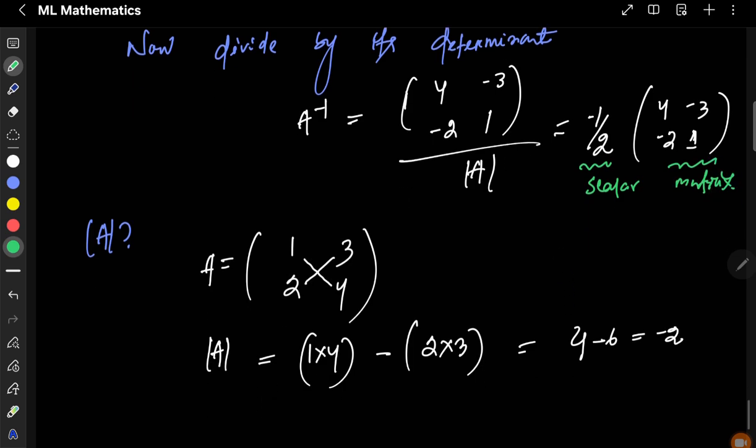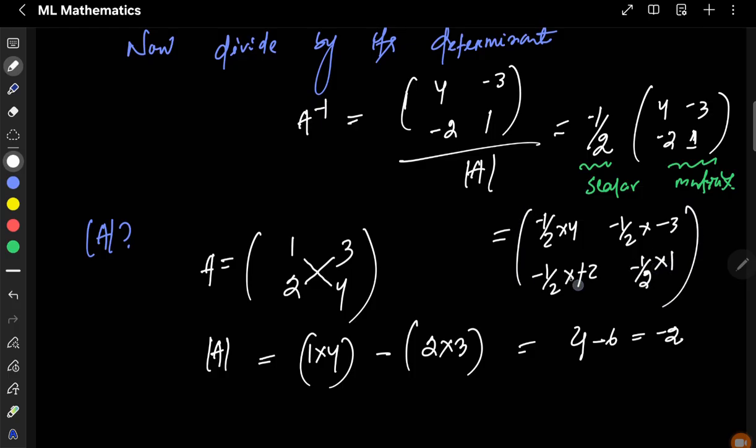What does this mean? We are doing scalar multiplication of a matrix. You get minus 1 by 2 into 4, minus 1 by 2 into minus 3, minus 1 by 2 into minus 2, and minus 1 by 2 into 1.